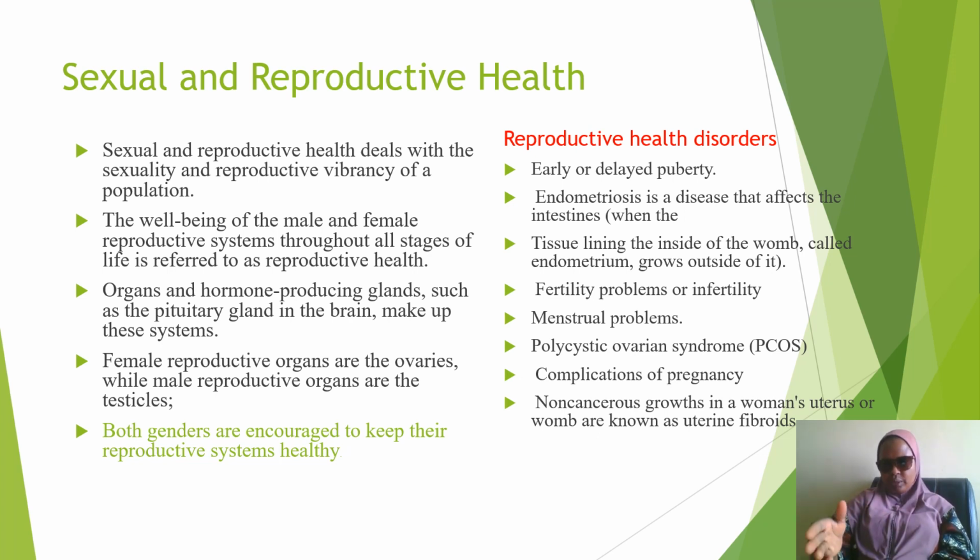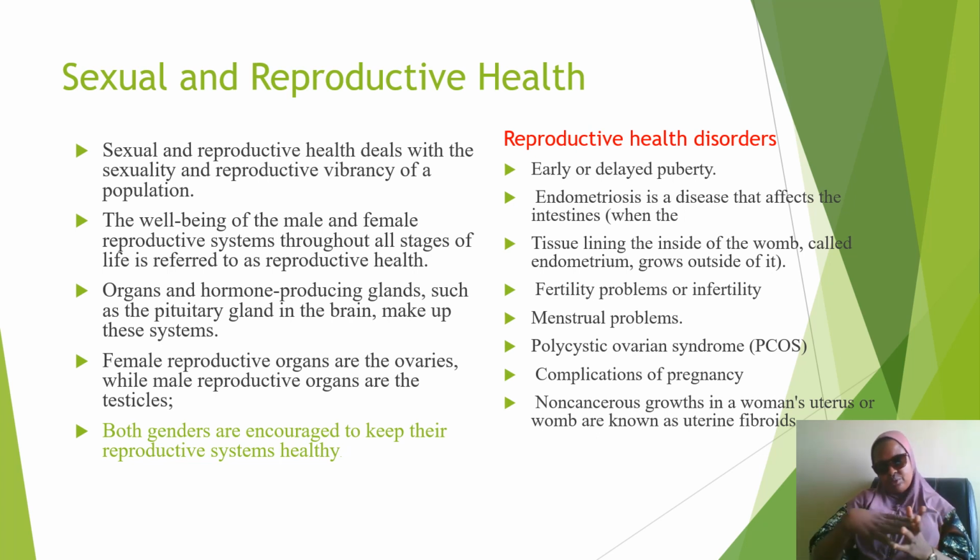Then menstrual problems. This affects the women because men do not menstruate. So menstrual problems may be oligomenorrhea, which is too heavy flow. It may be amenorrhea, where the lady does not see a period, a cessation of period. Painful menses, it may even occur that a girl would have painful menses, and it will be so painful that sometimes they get admitted into the hospital.